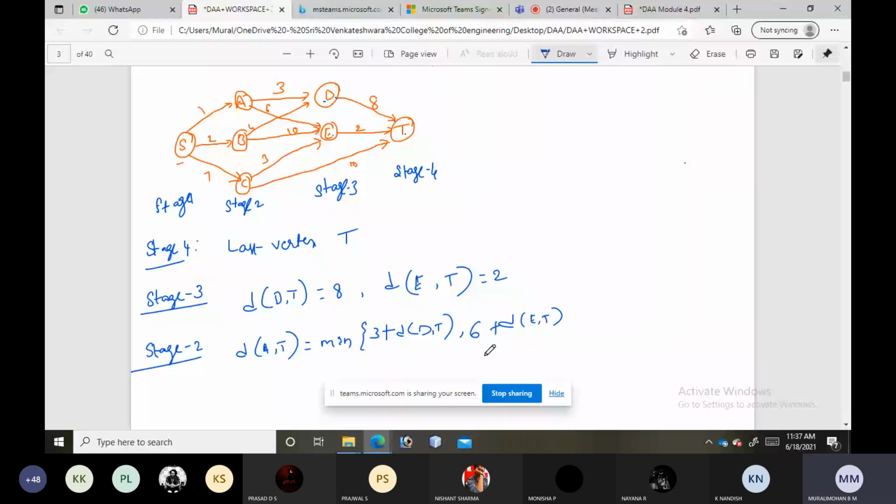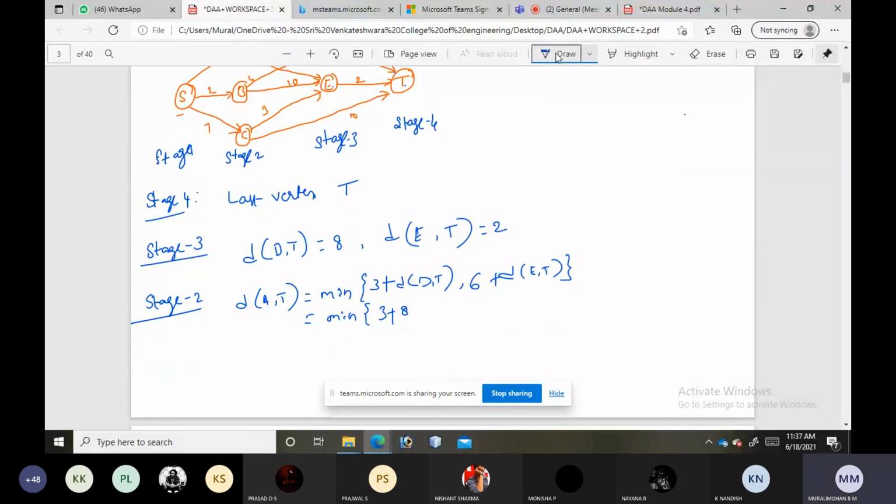So minimum of 3 plus. What is the result of this? 8. Right? Yes or no? The result of d of t comma t is already we got in the previous step.